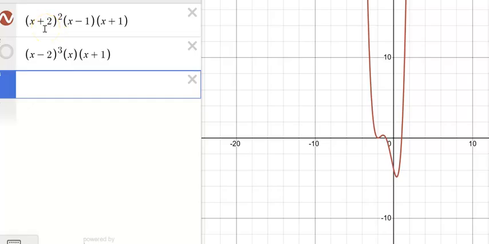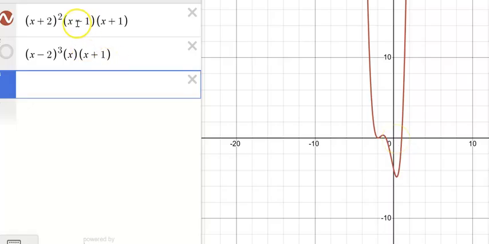So I could set each one of them equal to 0 to get x equals negative 2. And you can see over here on the graph that it touches at x equals negative 2. And then it also crosses at x equals negative 1 and x equals positive 1. It crosses at all those places because those are the zeros of this function.